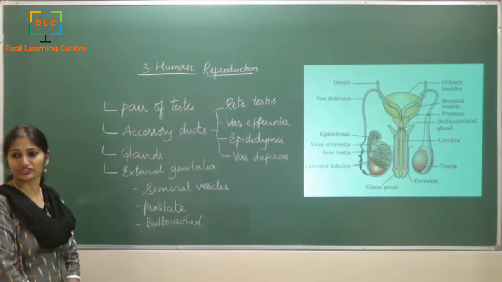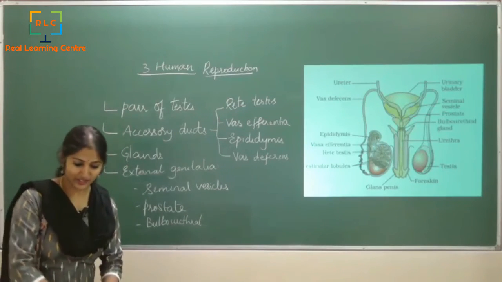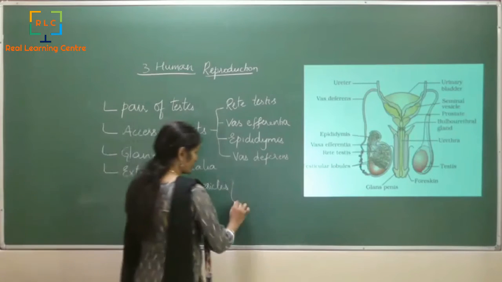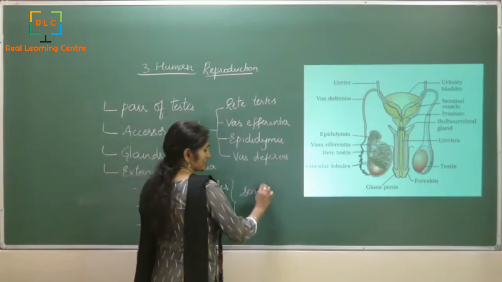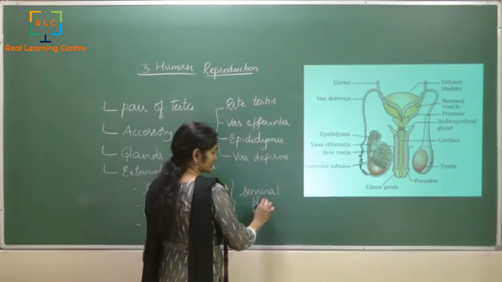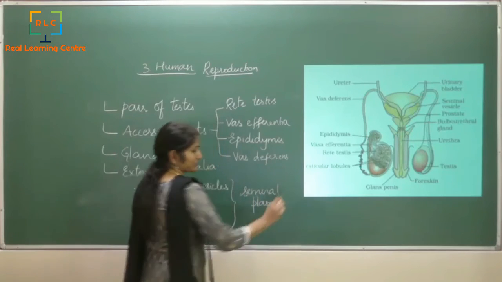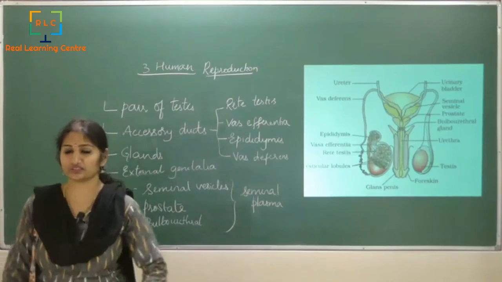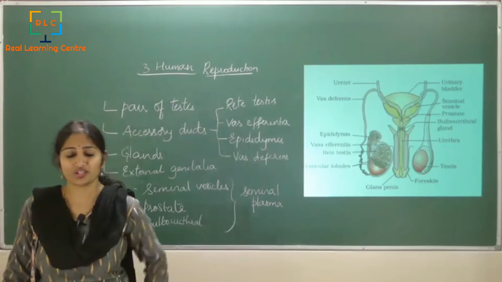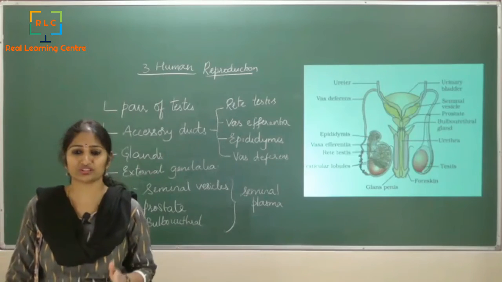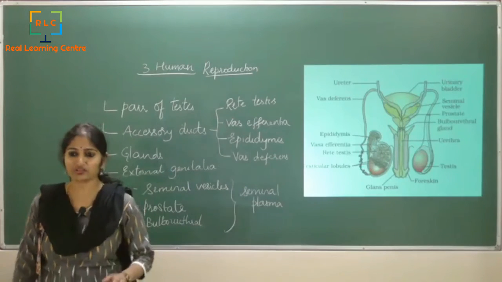They secrete certain fluids, and that is what we call the seminal plasma. Seminal plasma is very important. You see that it is rich in fructose, it is rich in calcium, rich in many other enzymes.